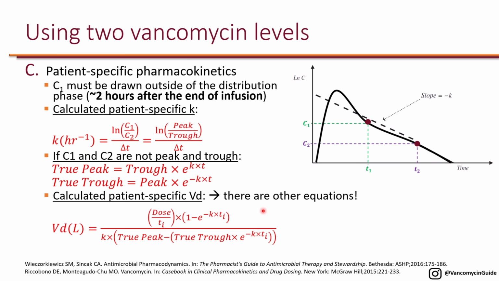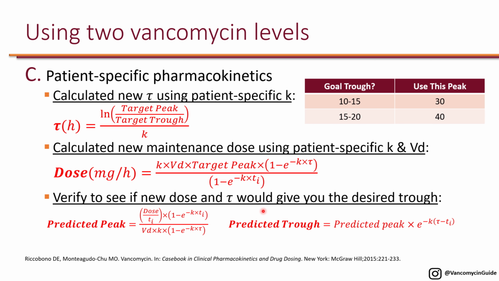levels. And then after we get this volume of distribution and the k, we also need to calculate a new tau. Now this is assuming that the previous dose was not giving us the levels that were at goal. And then you can recalculate the tau using the new k that we calculated. And then we calculate a new dose using the tau and everything that we so far calculated.